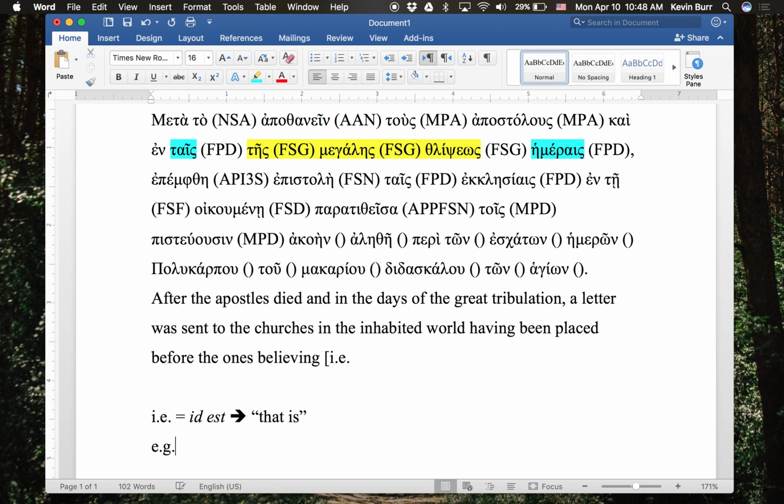It's very different from e.g., which I honestly don't remember the Latin phrase for, but e.g. means for example. These are very different. So in your academic writing, make sure that you use these properly. When you want to give an example of something, use e.g. When you are doing something like what I'm about to do, you use i.e.